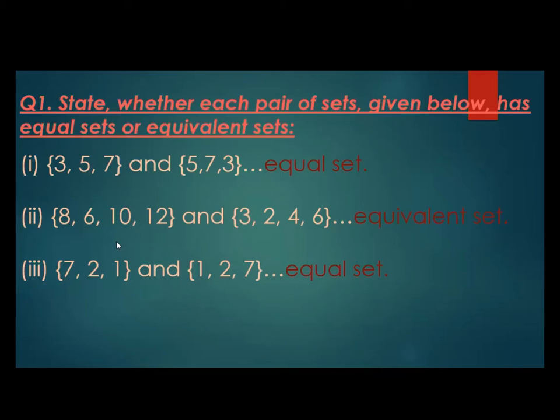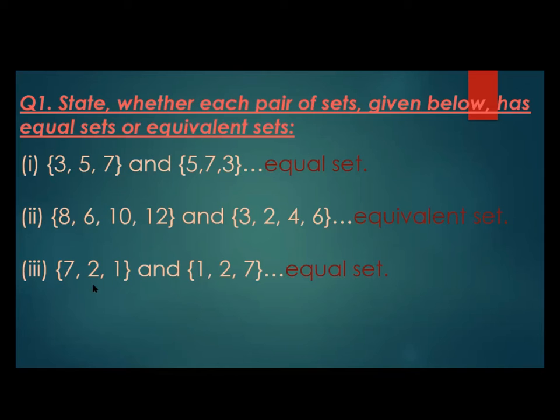So whenever we talk about equivalent sets, we only consider that the number of elements must be the same in both sets. But if we consider an equal set, it is necessary that we have the same elements in both.